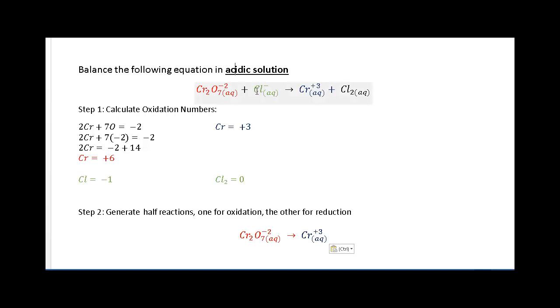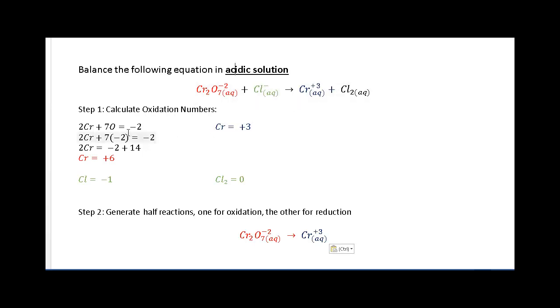Cl takes the charge of -1, so here the oxidation number is -1. Going to the product side, Cr3+ by itself is going to have an oxidation number of +3. Notice the charge takes the oxidation number. And then Cl2 is standalone by itself, and that has an oxidation number of 0.